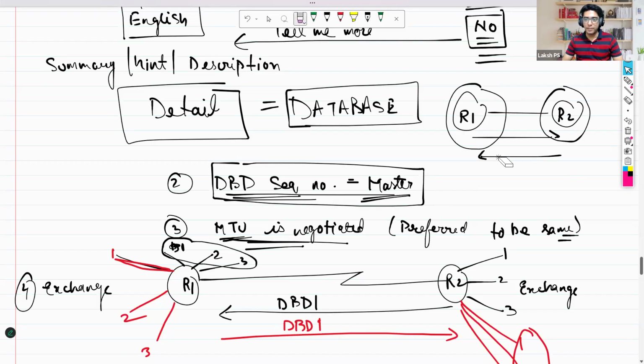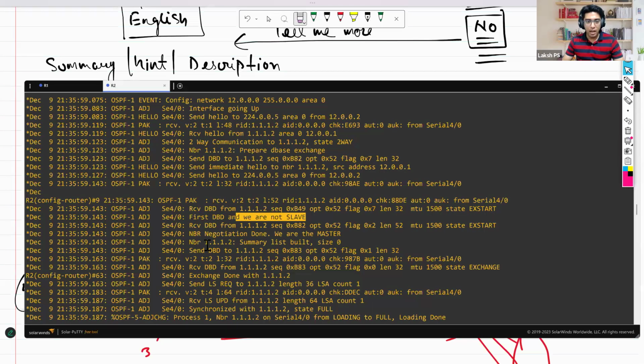So R1 says that I am the master, and this is its sequence number.